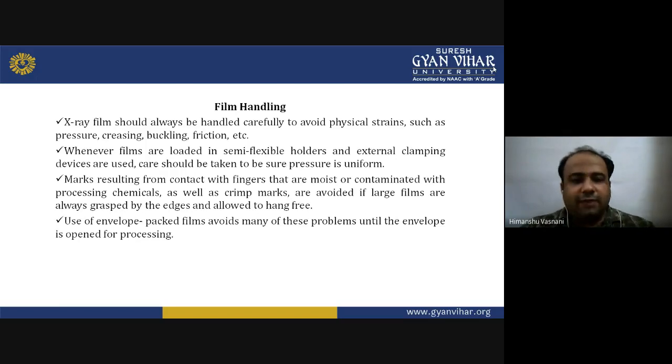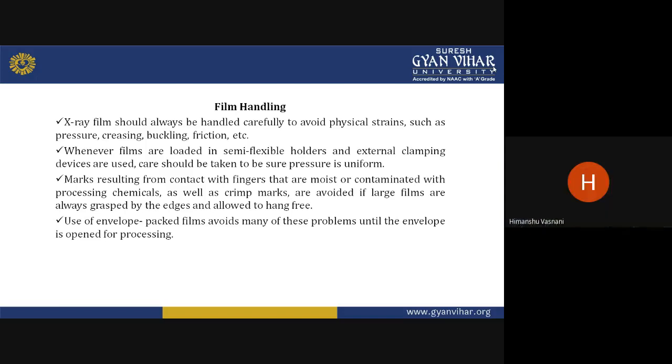Use of envelope packaged films avoids many of these problems until the envelope is opened for processing. Handle the film carefully. Proper pressure is applied for proper handling. Touching with fingers is also done in a careful manner.